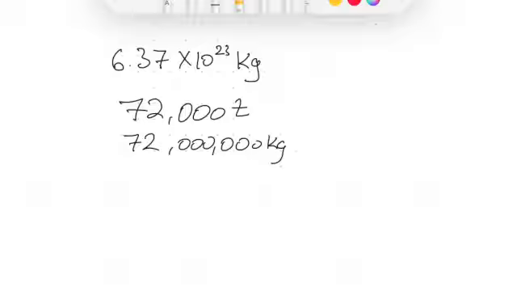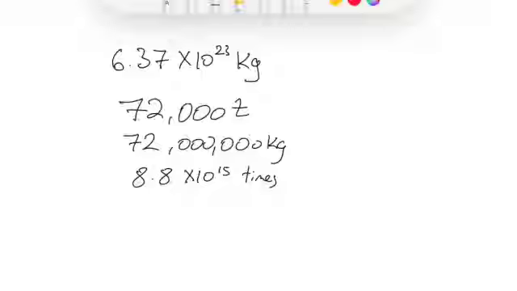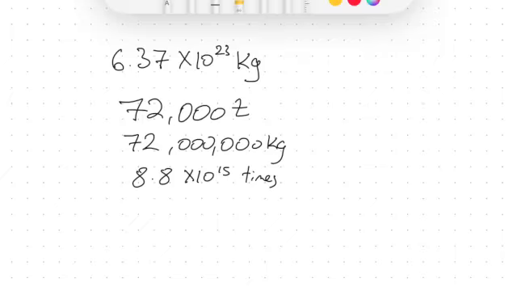So if we plug that in and divide it, Mars is 8.8 times 10 to the 15 times more heavy than the largest kind of battle carrier. If it was to the 14, it would be 800 trillion times.